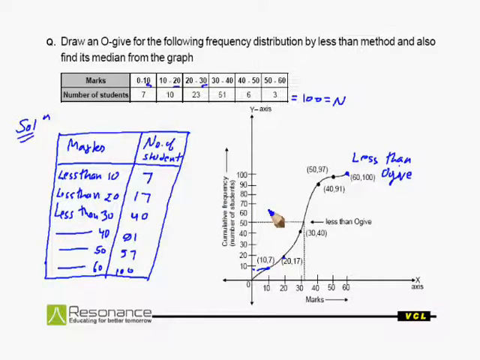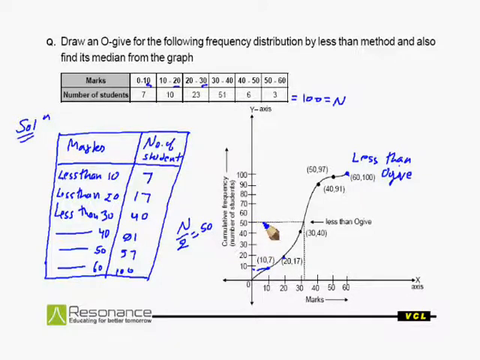So now to find the median, we have to find the value n by 2, that is 100 by 2, since the value of n is 100, so we are getting 50. So we have to draw a line from point 50 parallel to the x-axis.